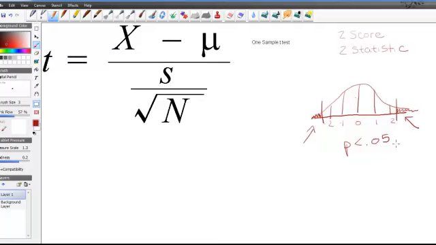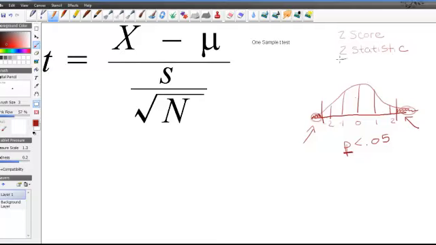It needs to be very unlikely. Remember, a p-value is the probability of obtaining your data or your test statistic, your t-value, your z-value, in a world where the null hypothesis is true. So you want that to be located out here in the ends. You want that to be a very unlikely event because you want to reject that null hypothesis.